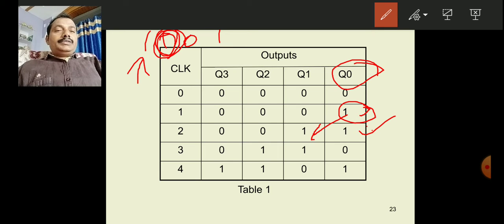Next, this one is shifted to Q2, and this one is shifted to Q1, and 0 is shifted to this. Similarly, next Q2 is shifted to Q3, Q1 is shifted to Q2, Q0 is shifted to Q1, and data input is shifted into Q0. So this is the left shift operation.